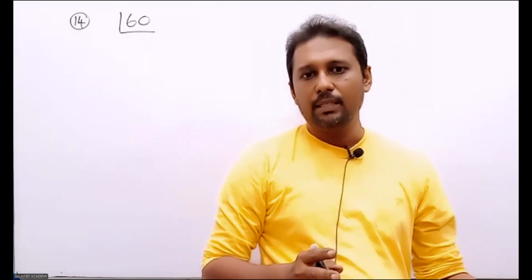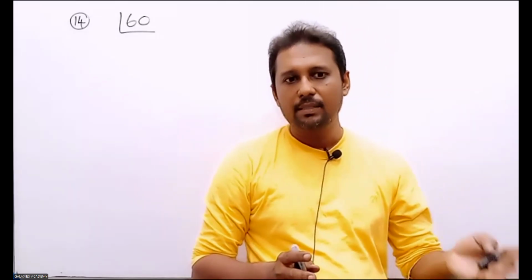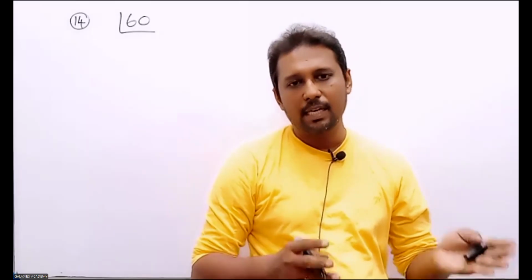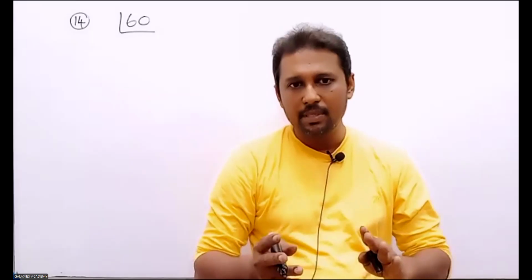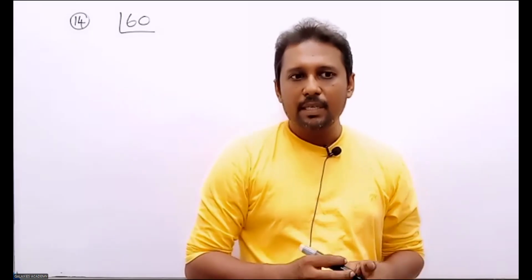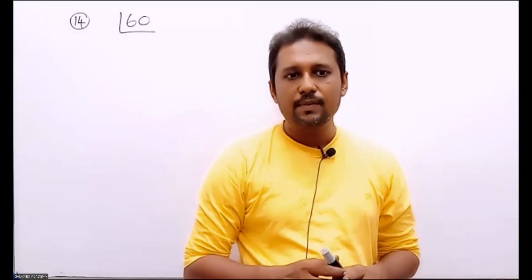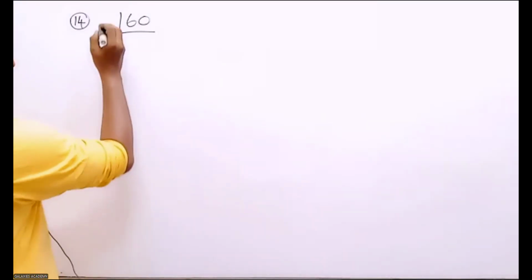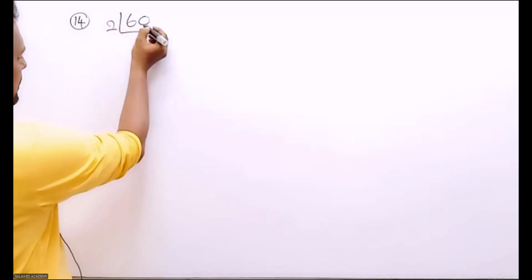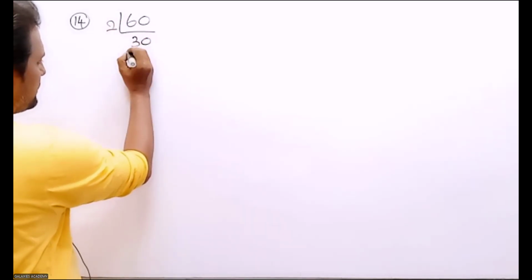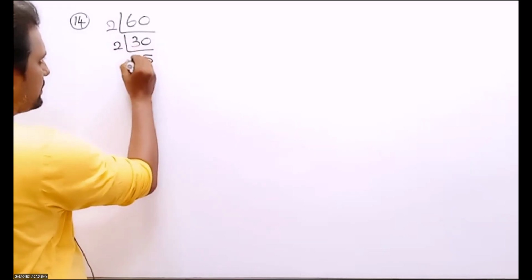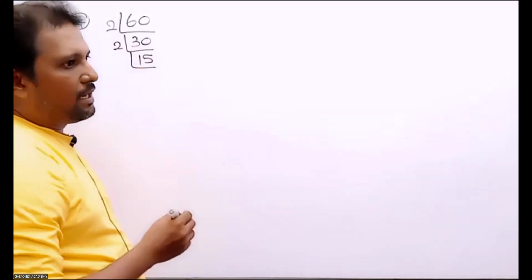Next ones are 3, 5, 7, 11, 13, 17, 19, 23, numbers like that. Prime numbers mean if a number has only 2 factors, we call them prime numbers, right? Then you can divide by the smallest prime number 2. 60 divided by 2 is 30. 30 also you can divide by 2, giving 15. 15 again we can't divide by 2, no?